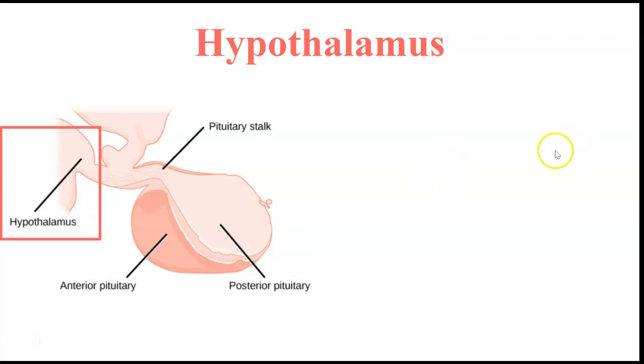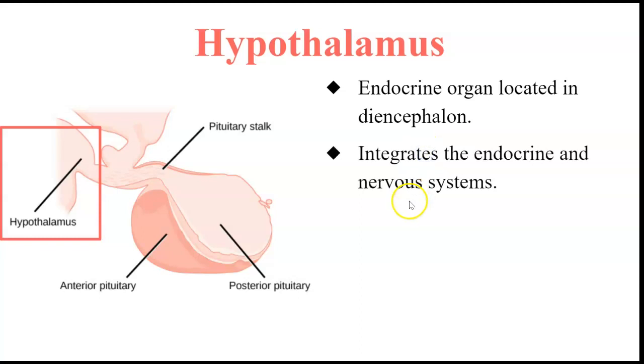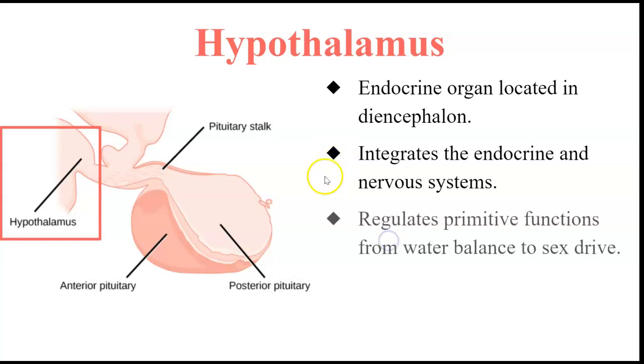So if you remember from 201, I know some of you have taken 201 a while ago, but just a brief reintroduction to the hypothalamus, right? This structure here is an endocrine gland located in the diencephalon, so that's part of our brain. And its function is to really integrate, right, connect the endocrine and the nervous systems together, right? And so really what this hypothalamus does, it has a lot of great functions.